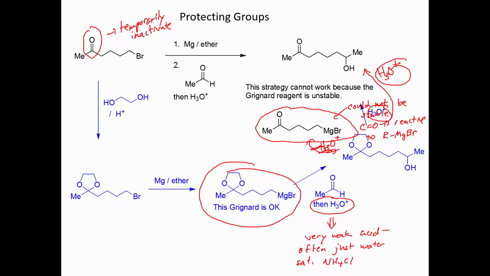So this is not strong enough to cause the acid hydrolysis. I guess technically you could hydrolyze everything, but usually it's best to do this in 2 steps because you can purify at each stage. The acid that you see used to quench Grignard reactions and lithium aluminum hydride reductions and things like that usually is not very strong acid. You need a separate step to accomplish the hydrolysis of the acetal.